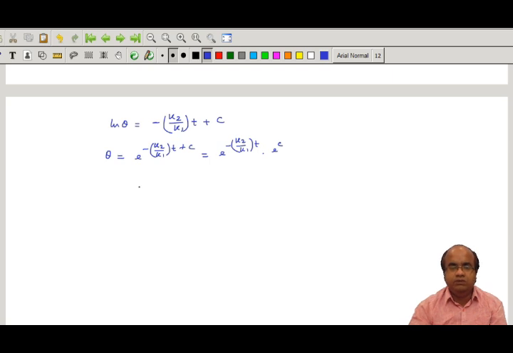Consider e to the power C equals m. That is m e to the power minus K2 by K1 t.